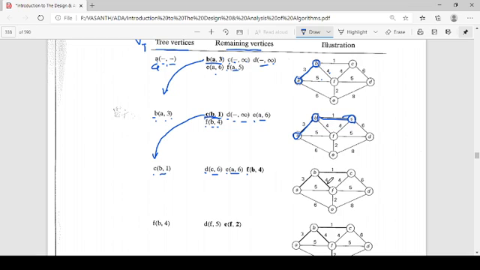Here there are two values: from B to F cost is 4, from C to F cost is 4. In this case, you can arbitrarily select any one edge, and we will select this one, from B. So B comma 4. Now which is minimum? We have costs 6 and 4, so 4 will be the minimum.